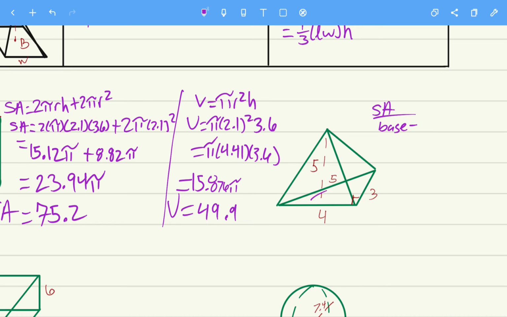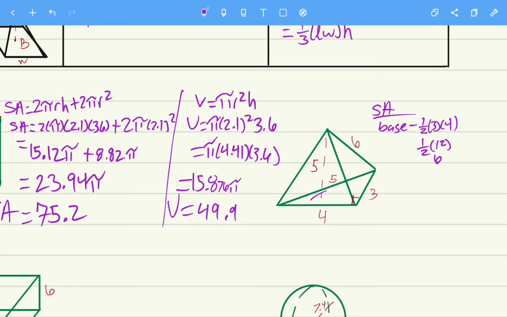And I noticed that it is a right triangle. So we have 1/2 times 3 times 4, which is 6. Or 1/2 times 12, which is 6.